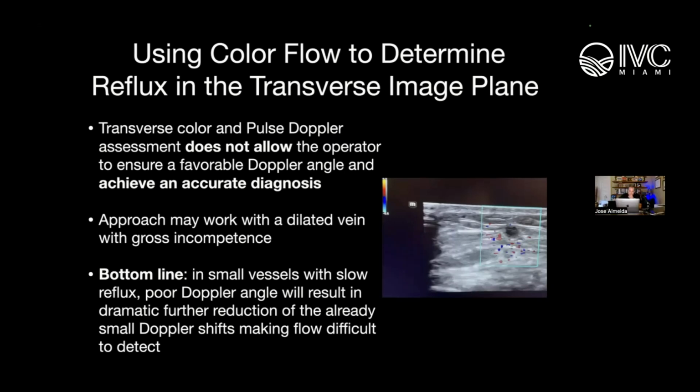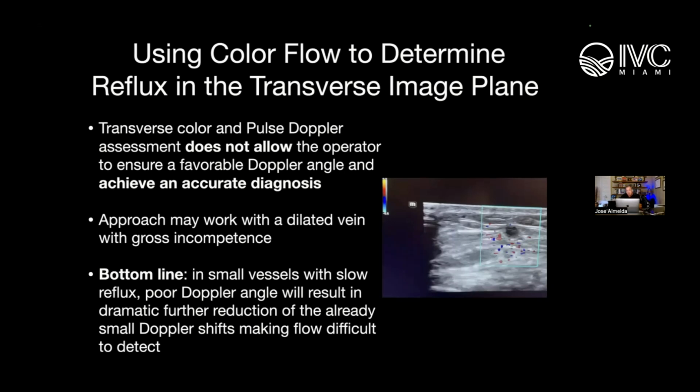So the transverse view, and we all use it because it's kind of quick and dirty. So I think you just use the term screening tool. So you have somebody standing in front of you, you look up and down transverse with the color box on, and you squeeze the calf, and you don't see reversal of flow. It may be there. So in that case, you'd go longitudinal and try and really interrogate it with the pulse wave Doppler.